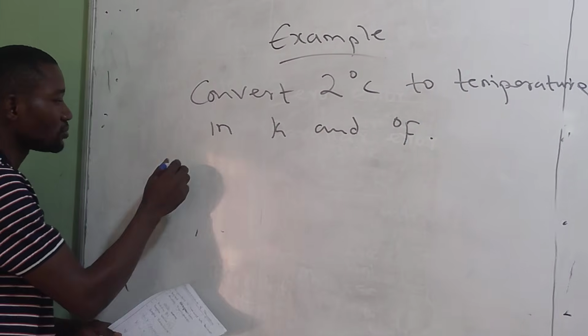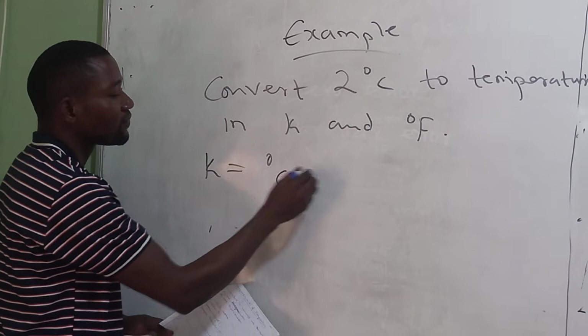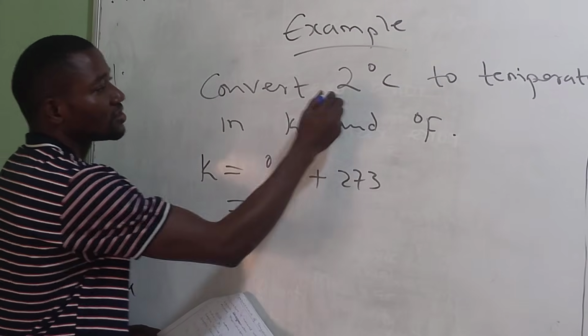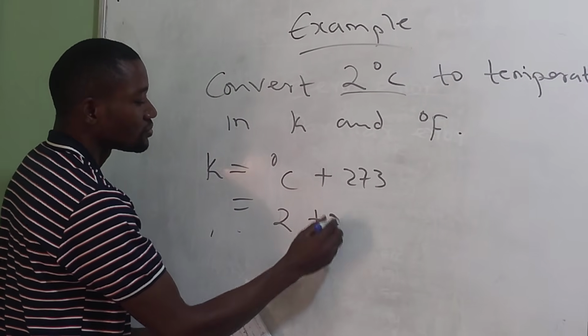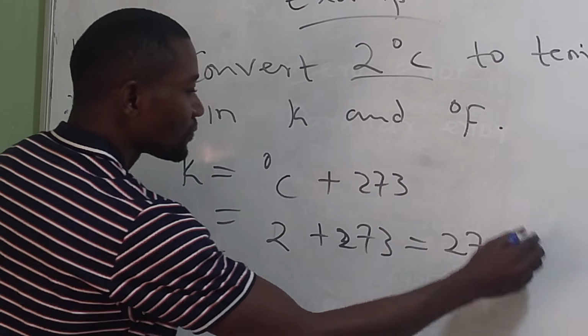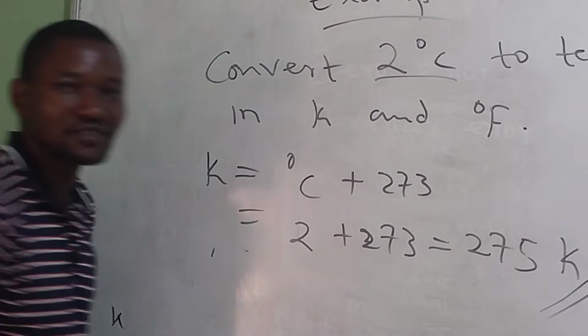So it's very simple. All you need to do is remember the formula. Then by substituting, we are given temperature in degrees Celsius to be 2. So when you add it, you have 275 Kelvin. So it's as simple as this. Is it difficult?